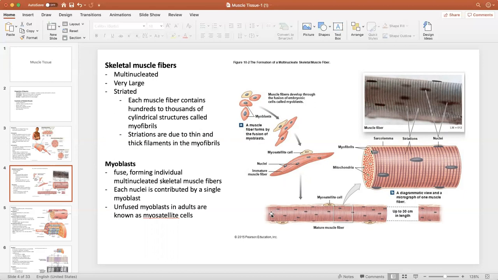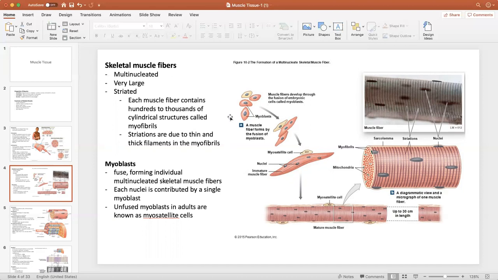If we had one nucleus on one end of the cell and we needed to send signals or information all the way to the other end, and we had a really long muscle fiber, it would take a really long time to get there. So we have multiple nuclei working throughout the cell to make it more efficient.